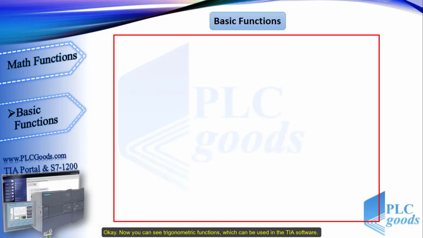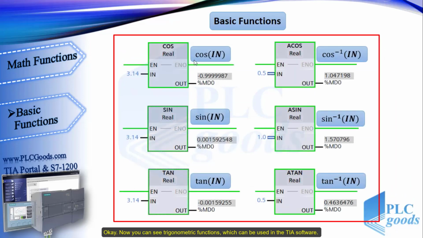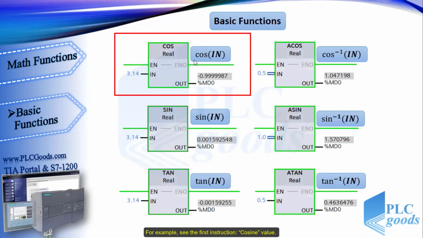Okay, now you can see trigonometric functions which can be used in the TIA software. For example, see the first instruction, cosine value. This instruction calculates the cosine of an angle. Pay attention to the size of the angle specified in radians at its input.